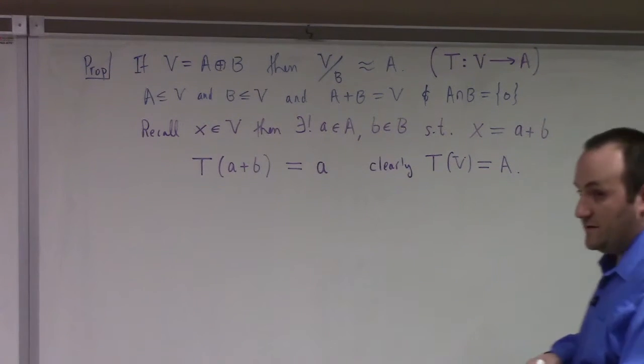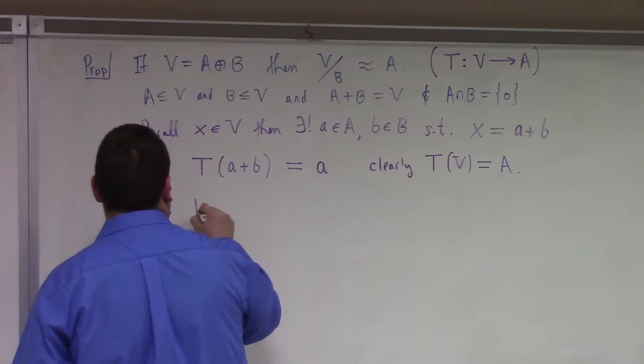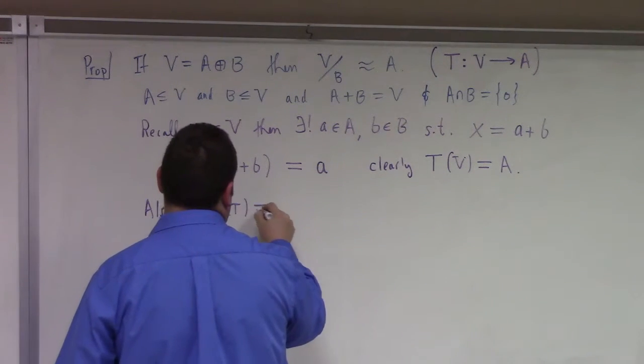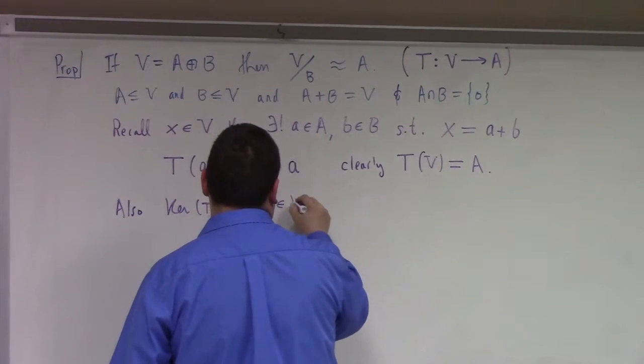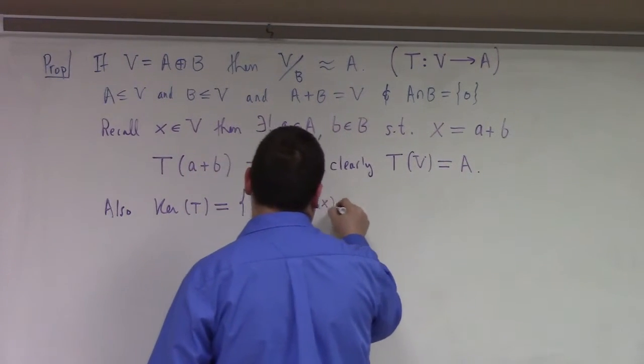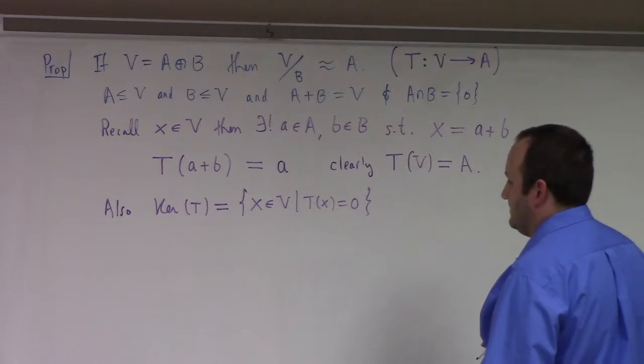And then what? We need to calculate the kernel. What's the kernel of T? That would be x in V such that T of x is equal to 0.